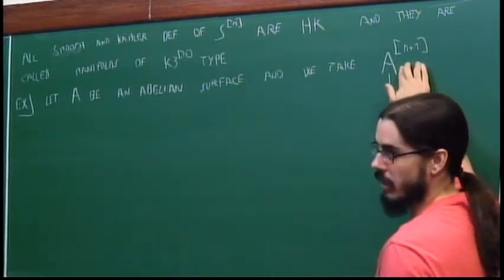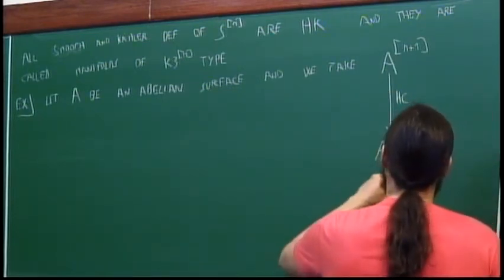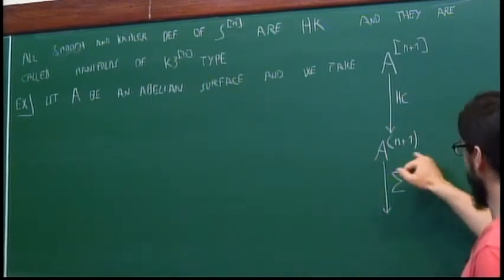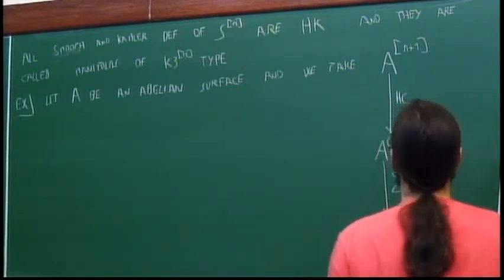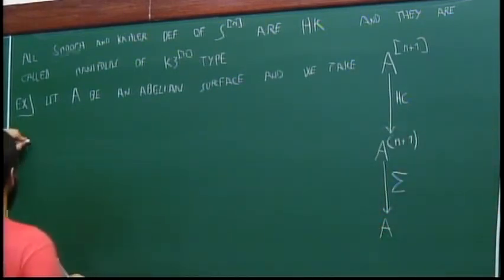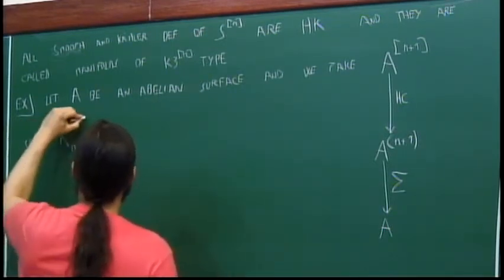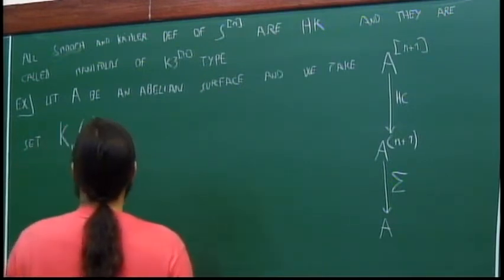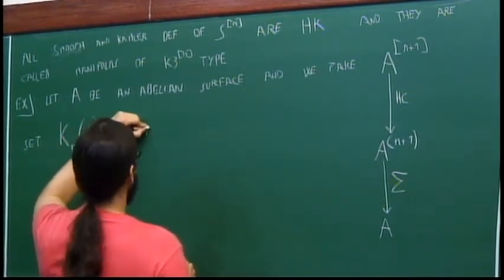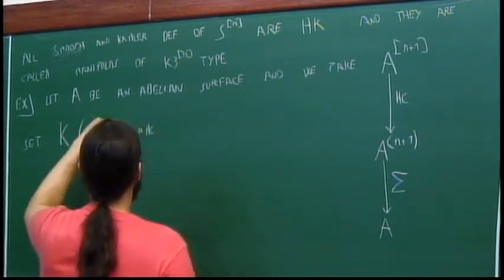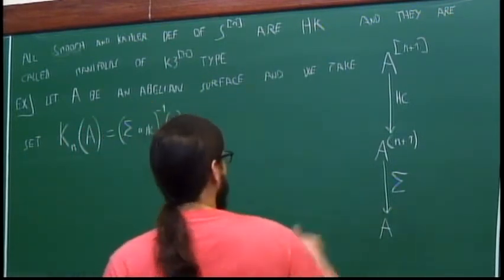So this is not simply connected, but we just make it simply connected. So we take the summation map, mapping n plus 1 points to their sum on A, and we set the nth generalized Kummer variety of A as the inverse image of 0 in this composition.